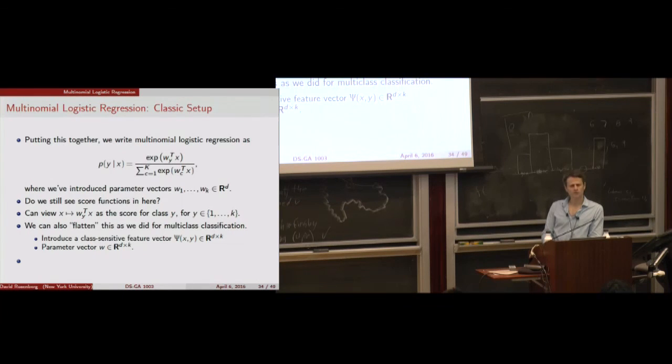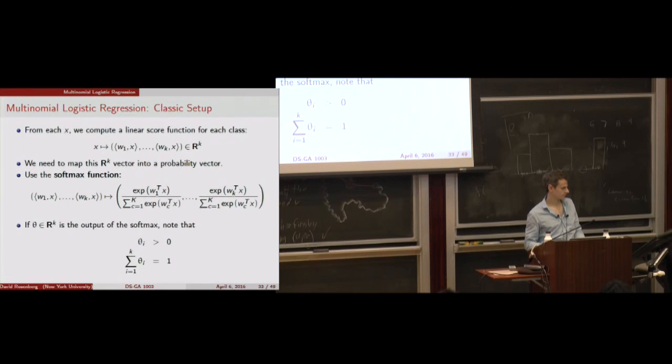Some more questions on the multinomial? Yeah. Is there a reason to use the exponential function for the softmax instead of the logistic function? Like use logistic for the binary case and exponential for the multiclass case?